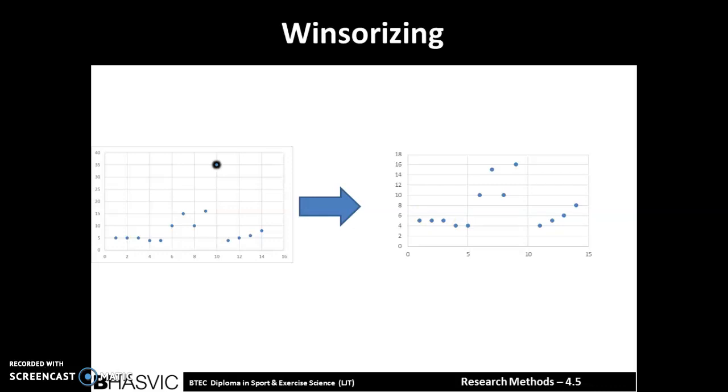This way there's the same amount of values, but the outlier just becomes more accepted and can be used in means and other results without negatively affecting the data. So as you can see, there was one all the way up on 35 when the next highest was at about 17, 18, 16 even. It is then changed to copy it, so that there are two values which are high.